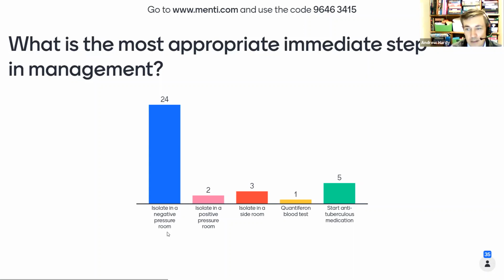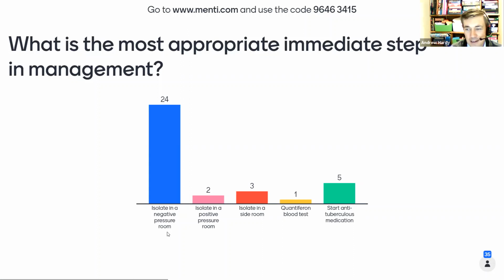Well, you say that, we do actually have negative pressure rooms on our acute floor in Calderdale. Maybe they're not available everywhere, but if they're not, then the recommendation is that you would transfer to an area that does have them as quickly as possible, and all respiratory units should have negative pressure rooms, even if the acute floor doesn't.